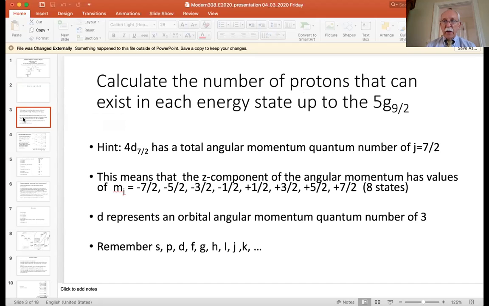And we need to calculate for each energy state how many possible protons can exist at that energy state. For example, a 4d7/2 has an angular momentum quantum number of 7/2, and that means its Z component has 8 possible states, all listed right here.